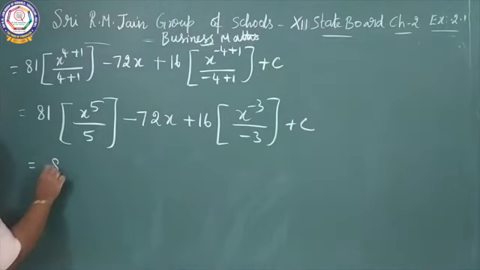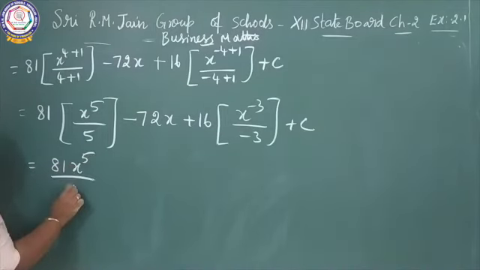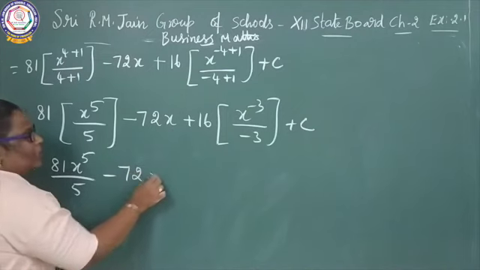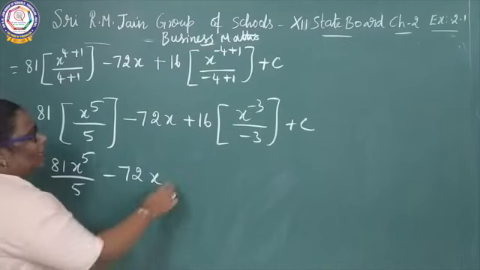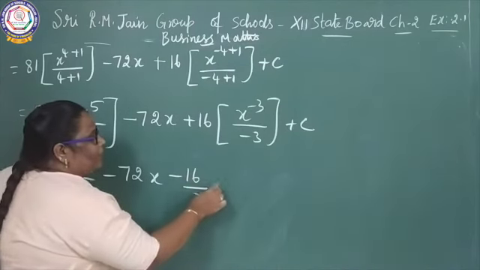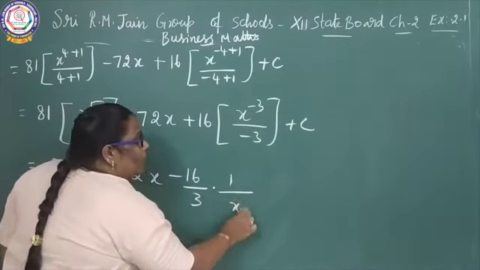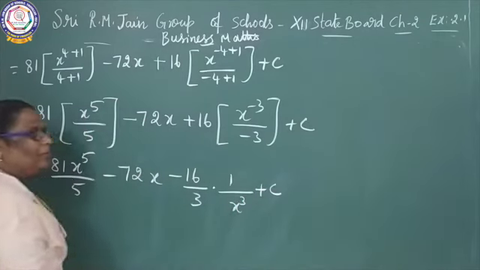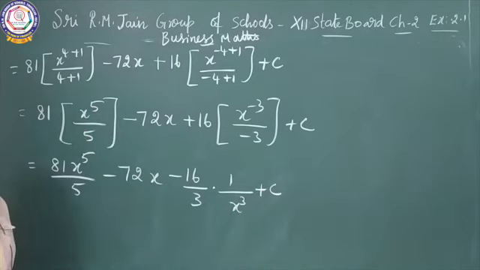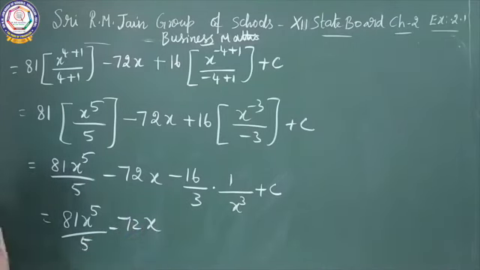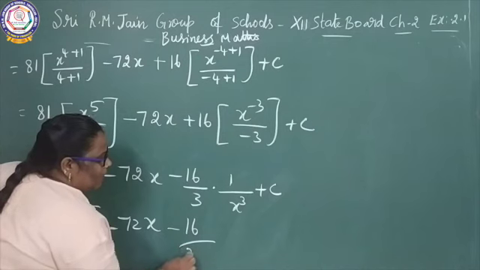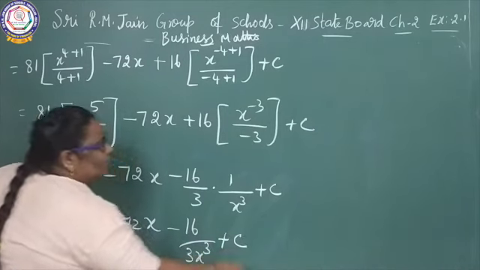It gives 81 x power 5 by 5 minus 72x minus 16 by 3 into 1 by x cube plus c, because the power should not be negative. So the value is 81 x power 5 by 5 minus 72x minus 16 by 3x cube plus c.